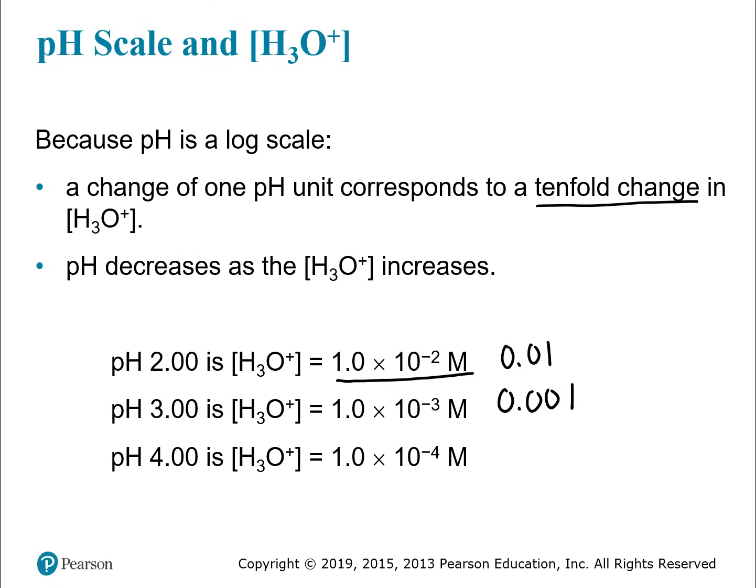As the pH decreases, the concentration of hydronium increases. I like to write things like that with arrows because the arrows tell me what direction we're talking about. So if we decrease the pH, we increase the concentration of hydronium. So that's how these are related.